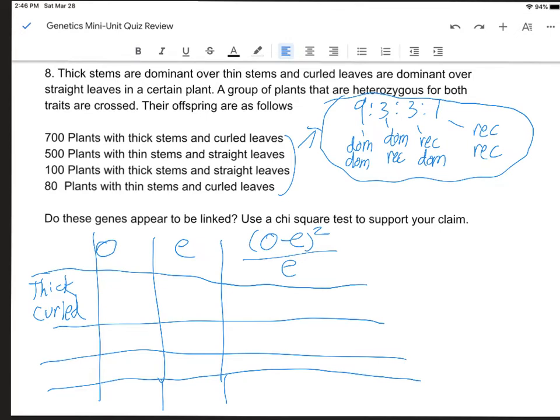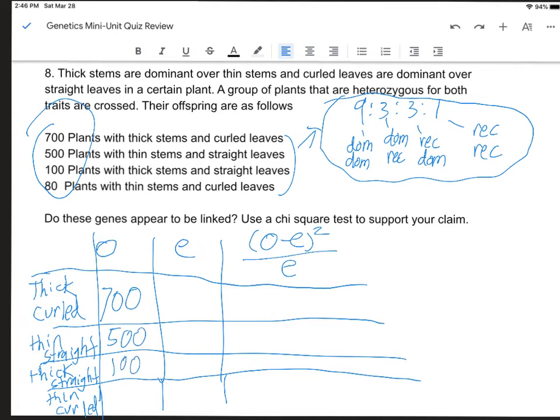We have thin stem and straight leaves. We have thick stem and straight leaf. And we have thin stem and curled leaves. Okay. And then our observed numbers are going to come from the numbers we're given in the problem. So 700 of those, 500 of those, 100 of those, and 80 of those.